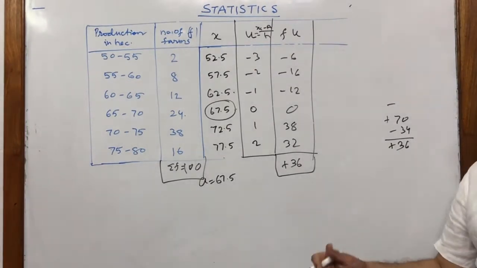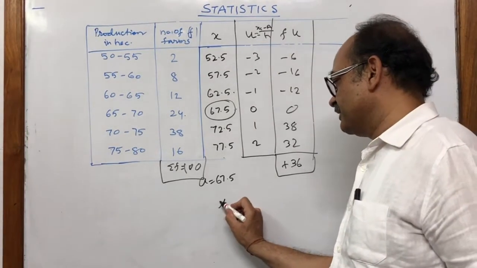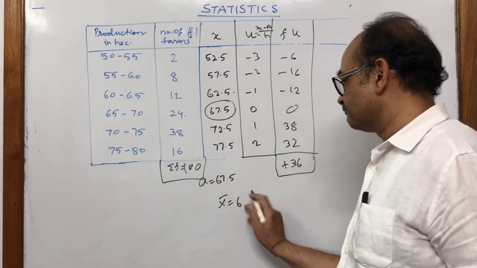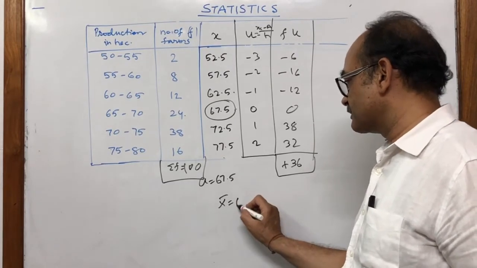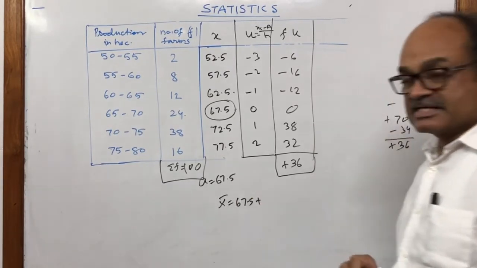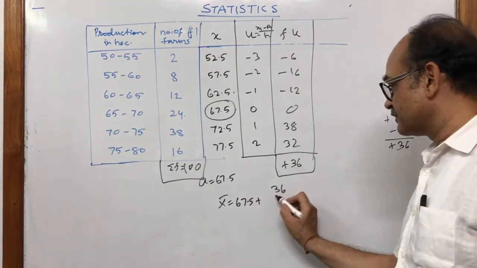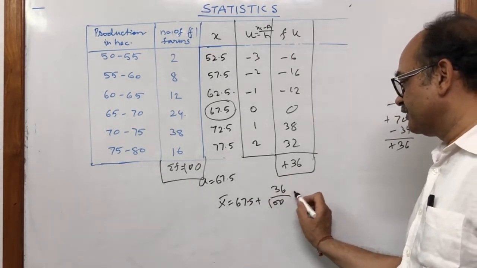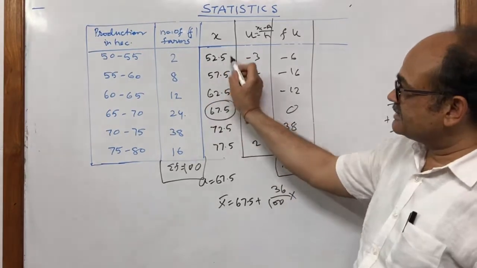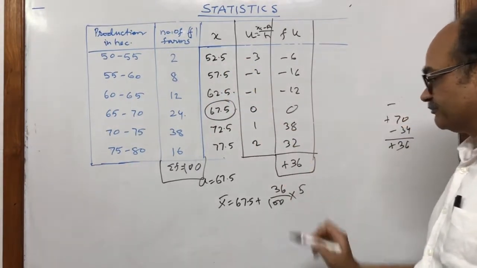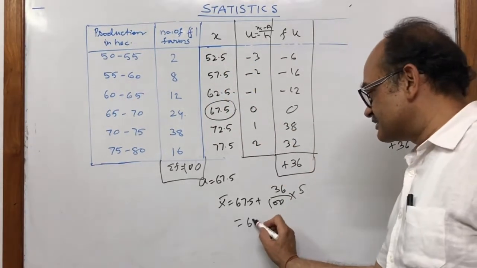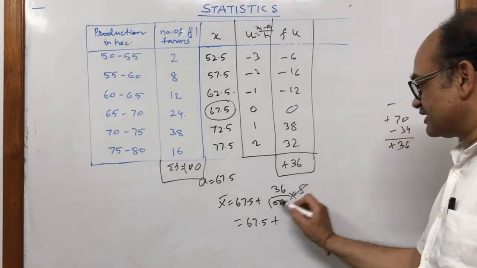Now apply the formula. You know, mean equals to a plus sigma fi ui divided by sigma fi into I, and I is nothing but the gap, that is 5. So answer is 67.5 plus, cancel out with 20.